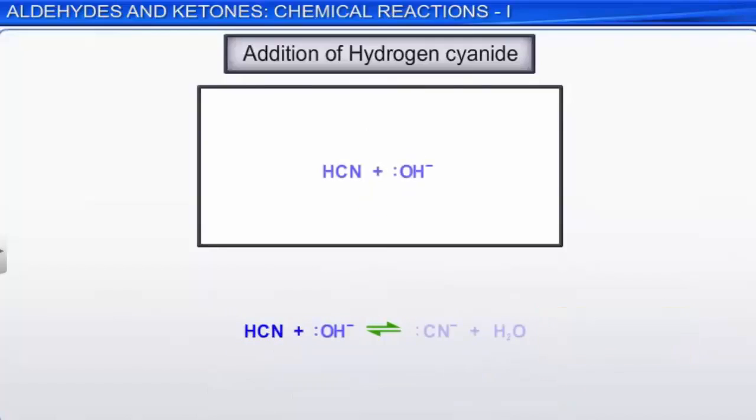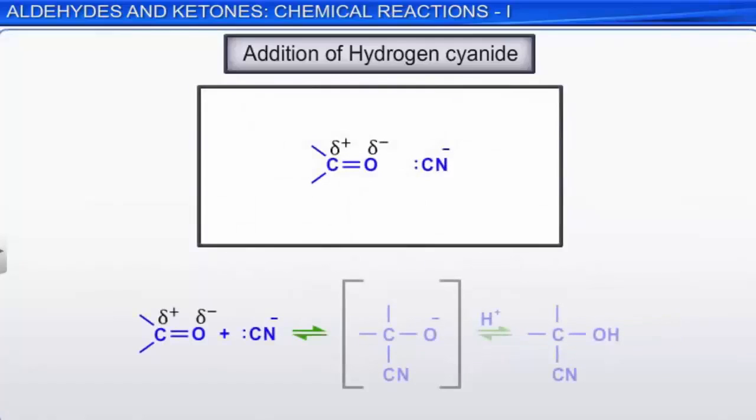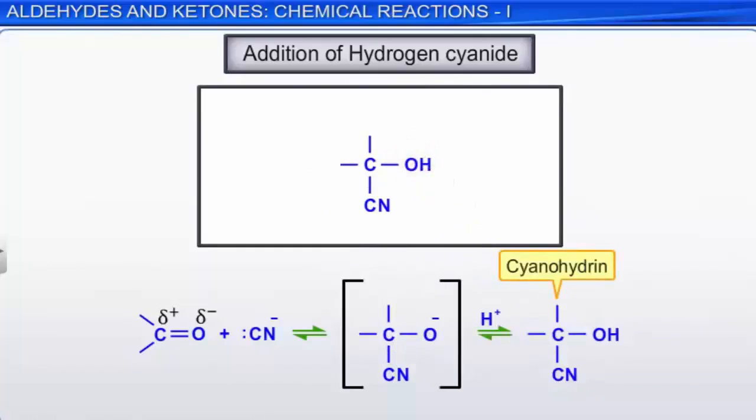Therefore, the addition of a base can generate cyanide ions from the weak acid, HCN, causing a dramatic increase in the rate of the reaction. The cyanide ions, being stronger nucleophiles, rapidly attack the carbonyl carbon to produce the corresponding cyanohydrins.